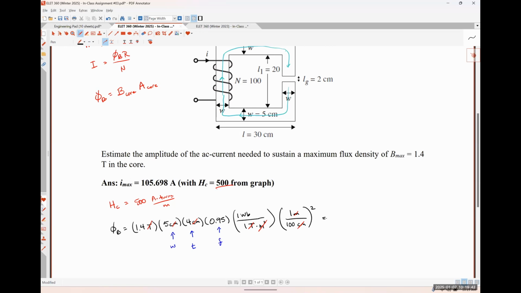All right, so throwing this into my calculator, 1.4 times 5 times 4 times 0.95 divided by 100 squared.